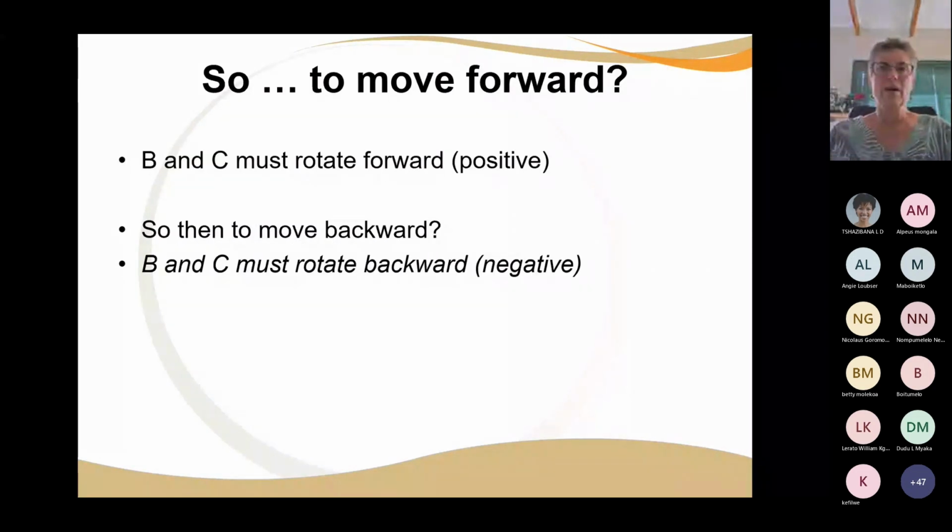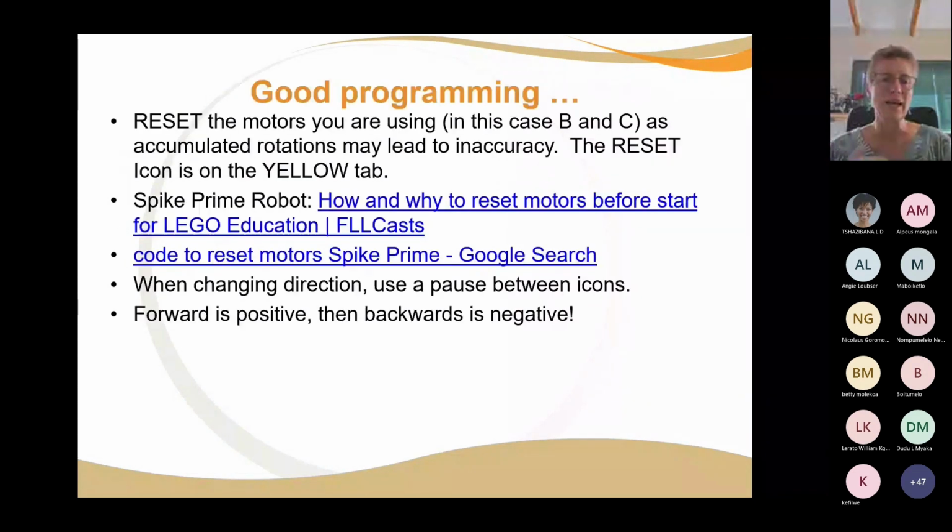All right. So you need to, and it's kind of just getting it, because we're going to do more complex coding eventually. And what we want to do is just instill good programming habits when we start out. So the one is the reset button. And I will be honest with you, the reset button for the Spike Prime, I had to Google it, but it's a good kind of habit to have.